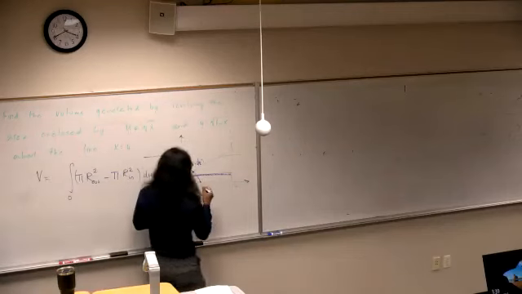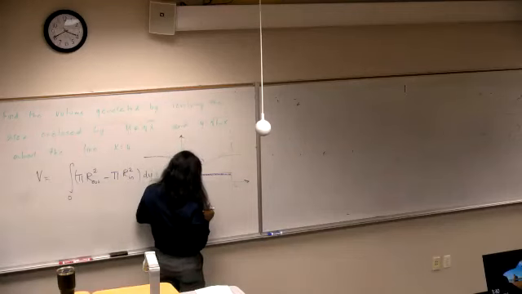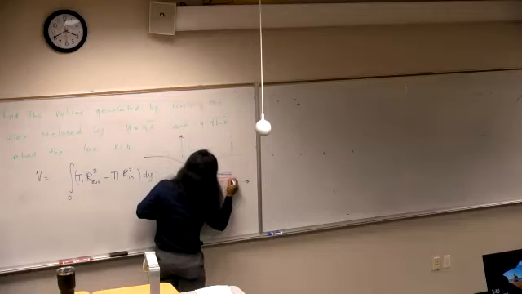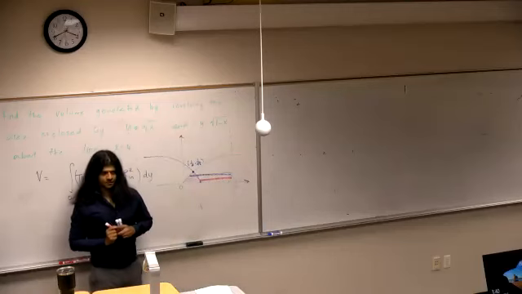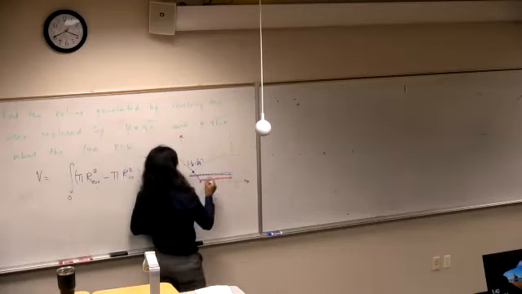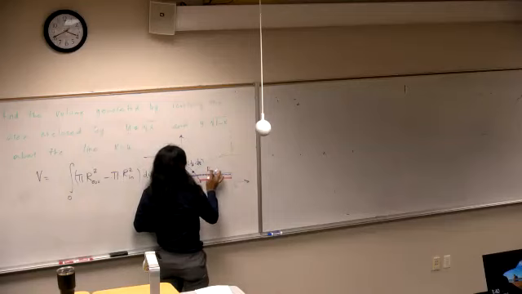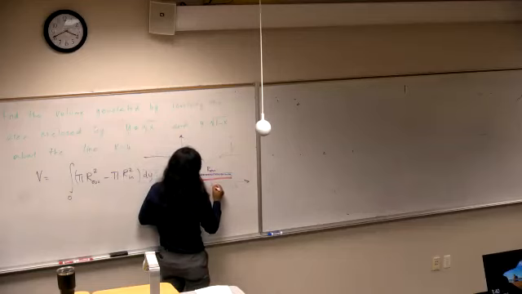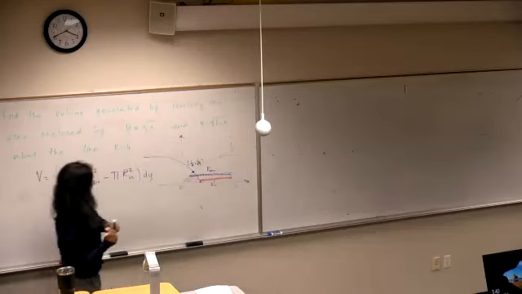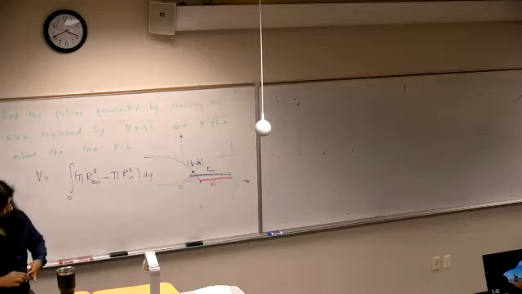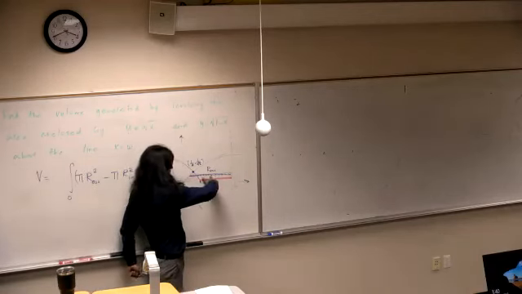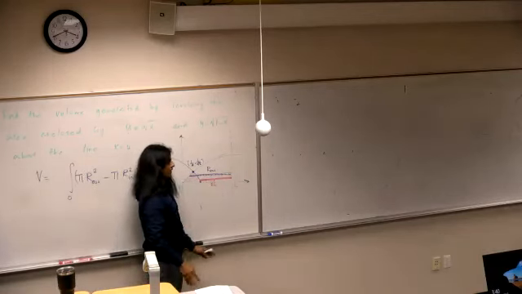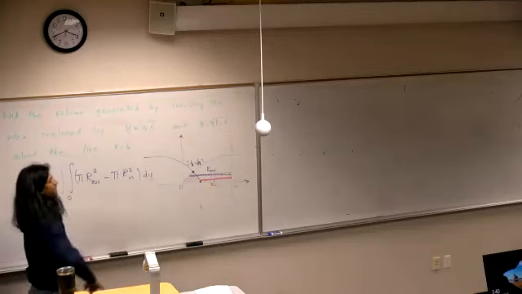The other one is this, the shorter one. Good. I want to find that radius and that radius. If I find those two, I'll be done.